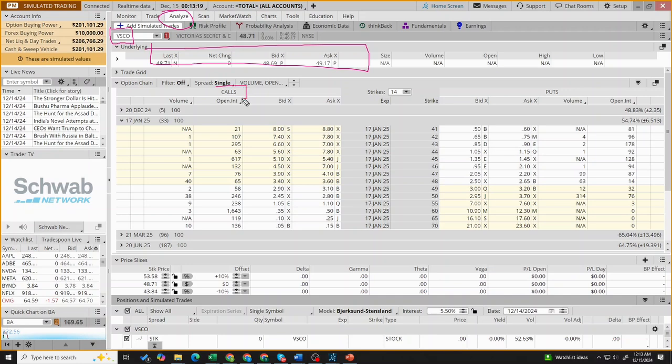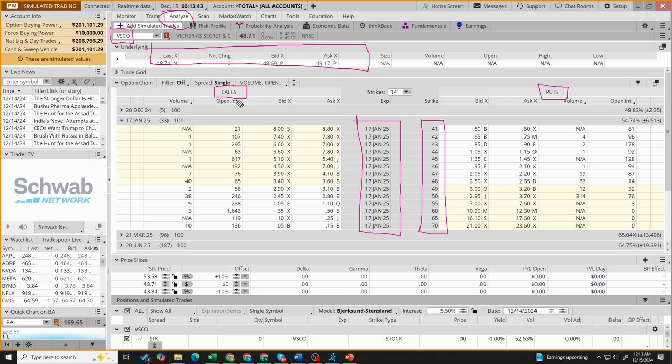Then next step down, I have calls on the left, puts on the right, expiration down the middle, strike prices down the middle. Those are all going to be very important for you to understand. What is a call? A call gives me the right to buy something, which would be beneficial to me if I think it's going up. That is a bullish strategy.